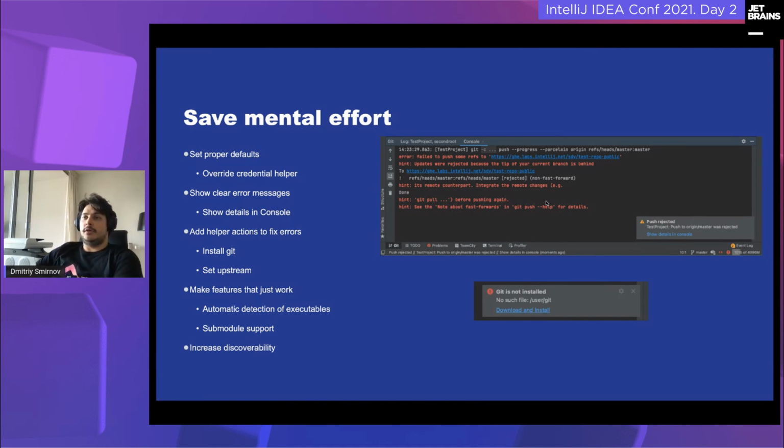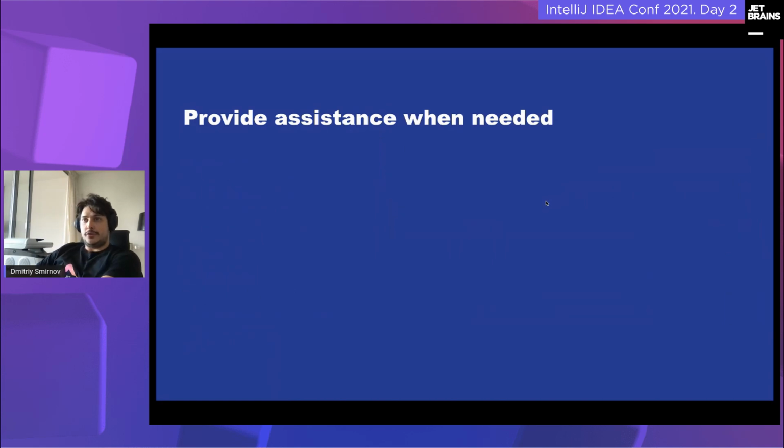And one more aspect of mental effort is that we need to increase the discoverability of some features, making them available in contexts that could help you do your work more productively. Part of this is assistance when needed, which is exactly part of discoverability. For example, when we encounter any conflicts in Git, the IDE shows you the corresponding dialog that helps you solve them.